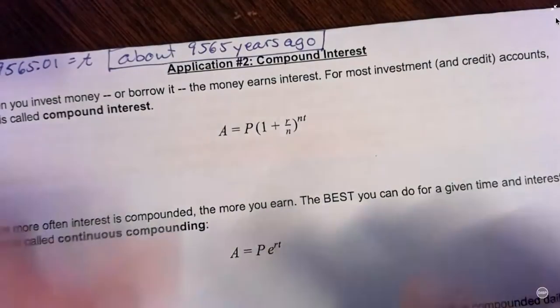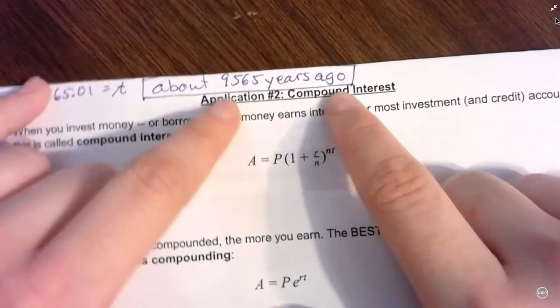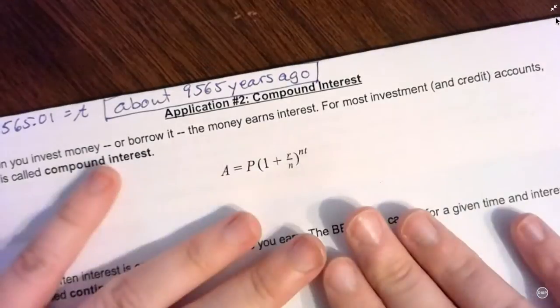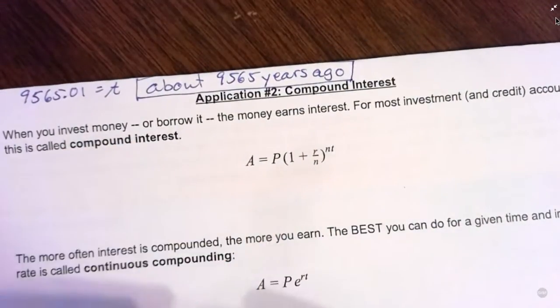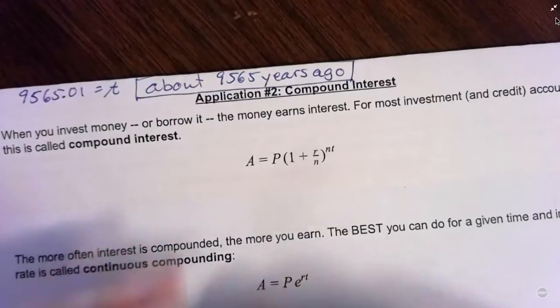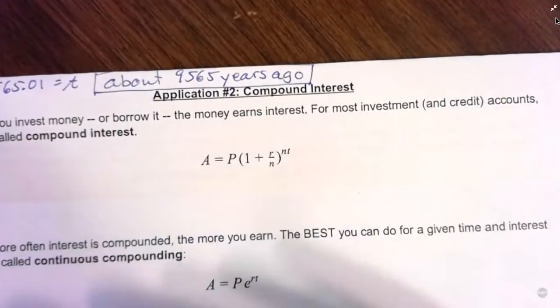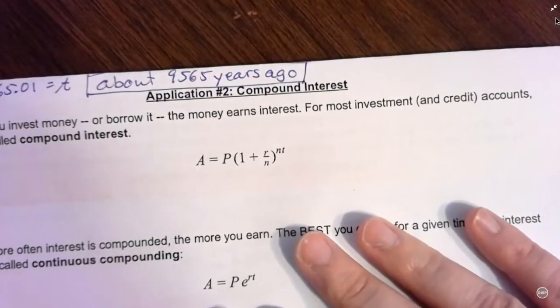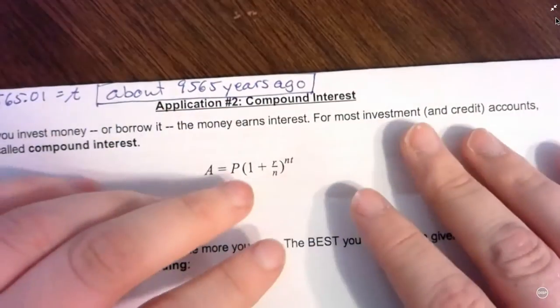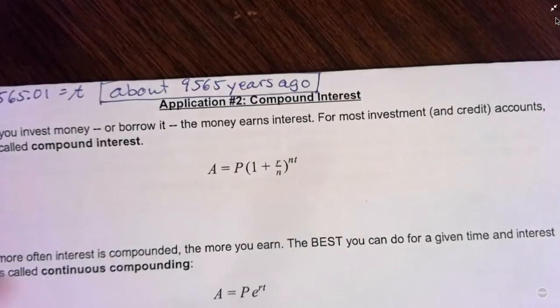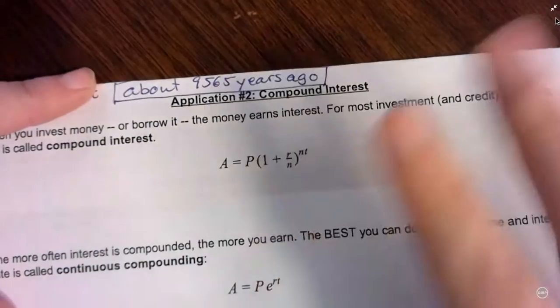All right, welcome back. So now we're going to look at our second application, which is compound interest. When you invest money or borrow it, like on a credit card, your money is going to earn interest, whether that's interest earned for you or interest earned for your bank. For most investment and credit accounts, it's something called compound interest, which means interest builds upon interest.